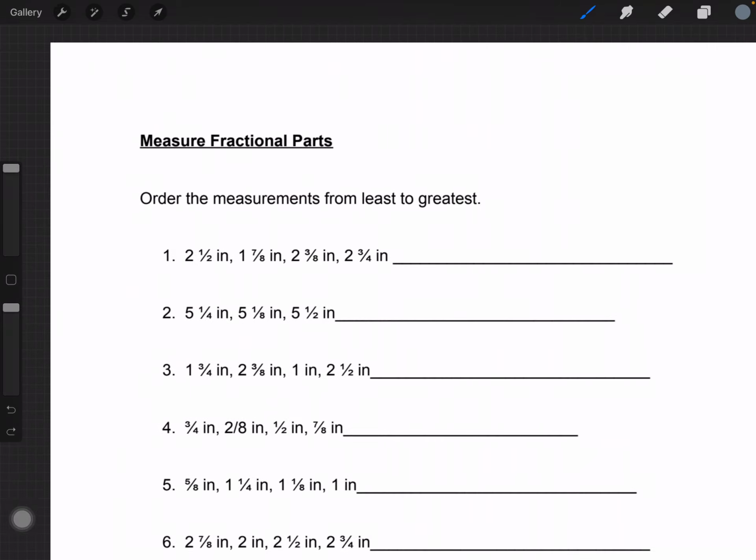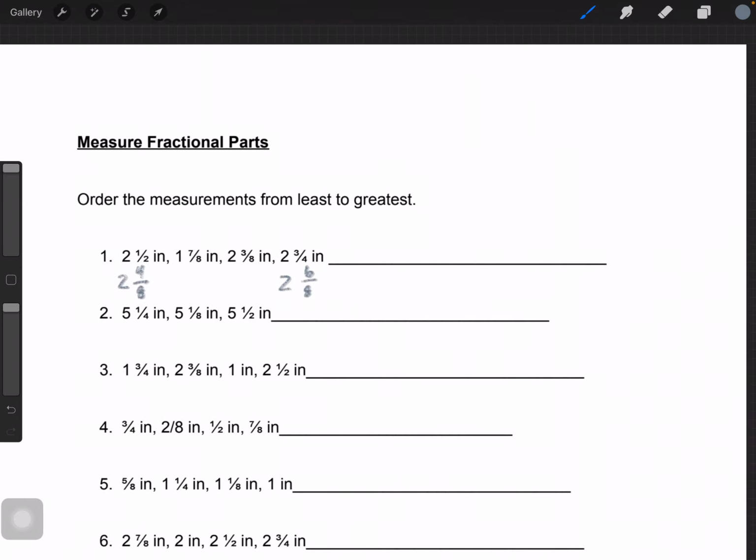The greatest denominator we have here is 8, so I'm going to change all of them to 8. The first one would be 2 and 4 over 8. The second and third ones are already out of 8, and the last one would be 2 and 6 out of 8. So the smallest number we have is 1 and 7 out of 8, because even though 7 out of 8 is greater than all the fractions, the whole number that it's with is the smallest.